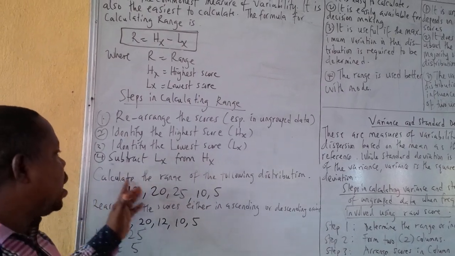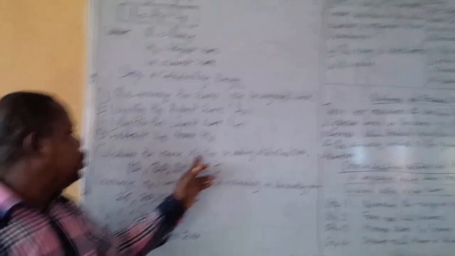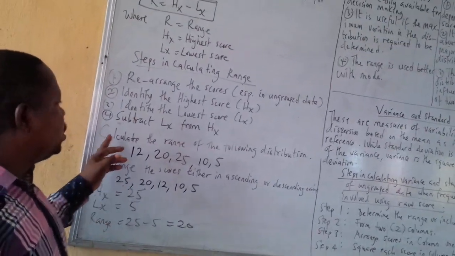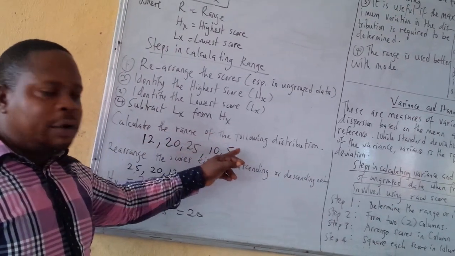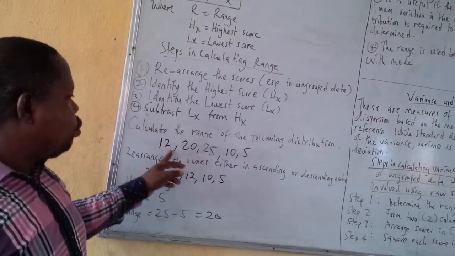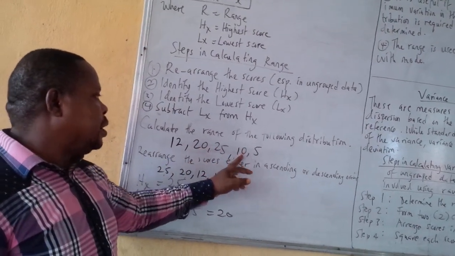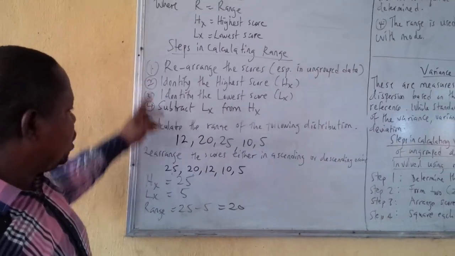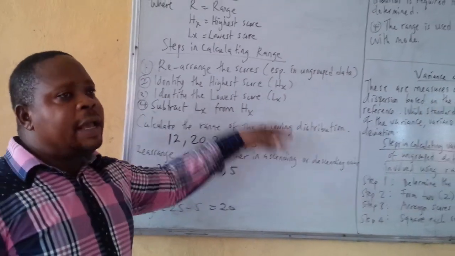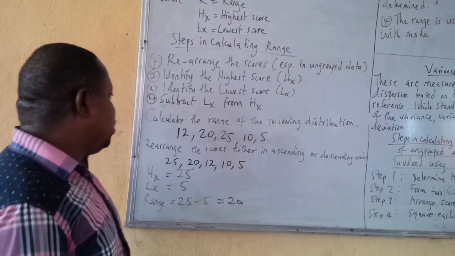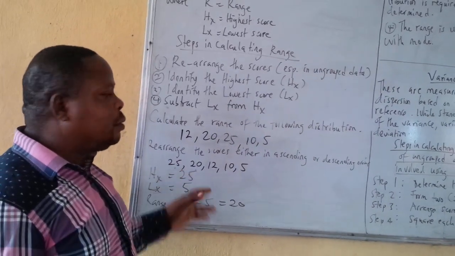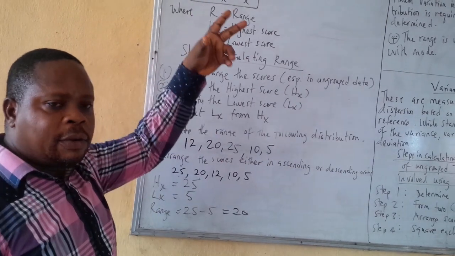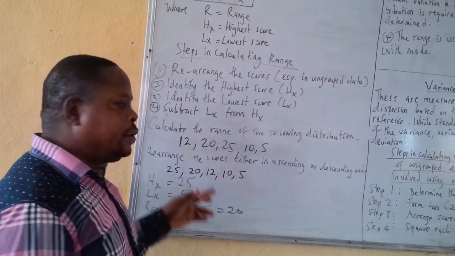Now there is an example here. Calculate the range of the following distribution: 12, 20, 25, 10, and 5. Remember the first step said we arrange the scores either in ascending or descending order of magnitude. Now, we have arranged the scores in descending order, from the highest score to the least score.